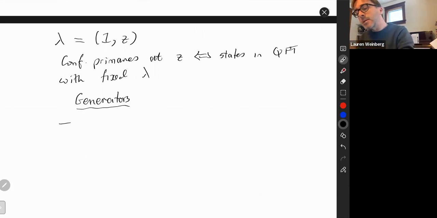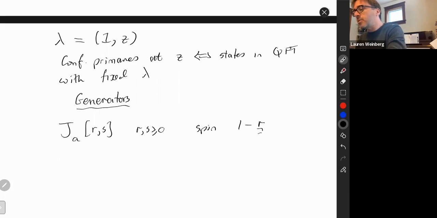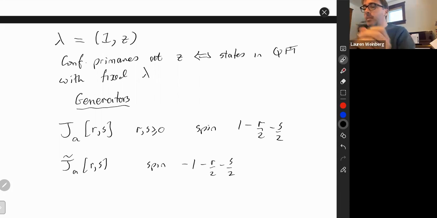There's J^{a,s}, where a is a color index, of spin 1 minus s over 2, and J tilde^{a,s} of spin minus 1 minus s over 2.